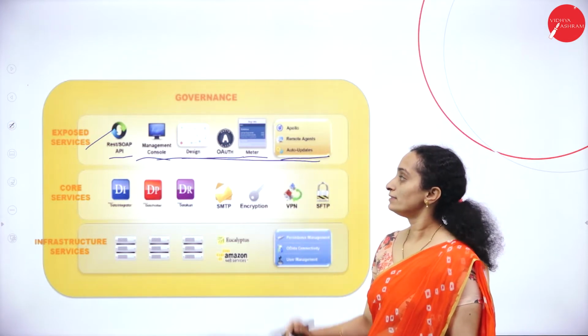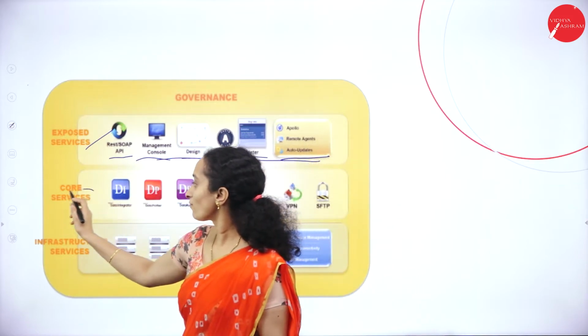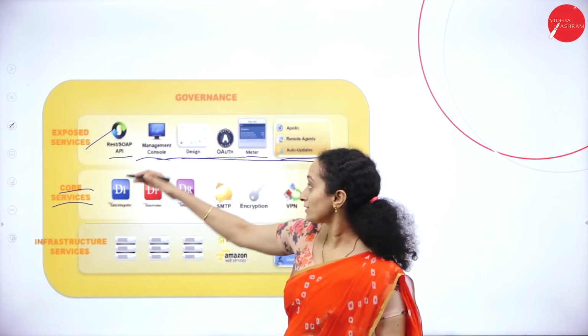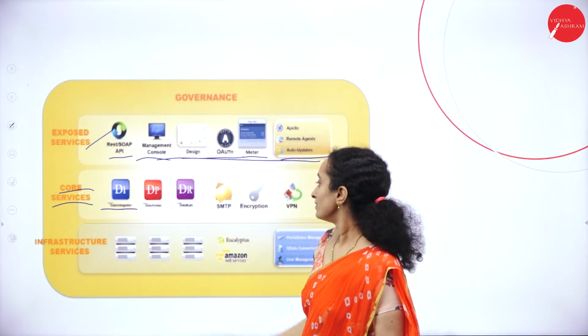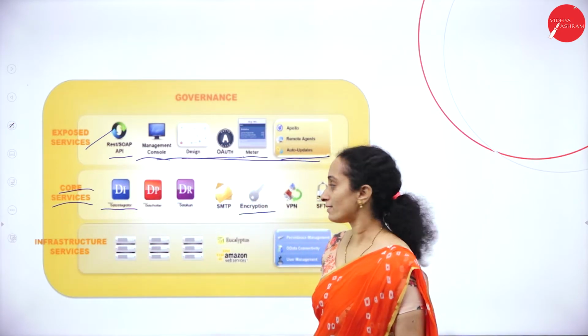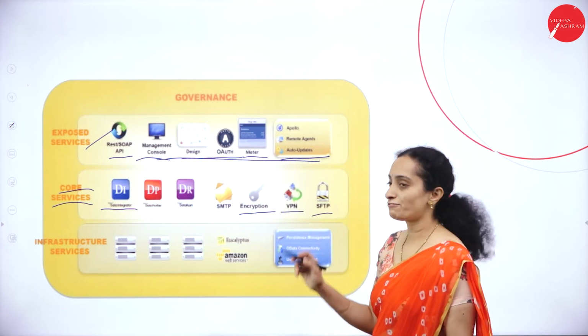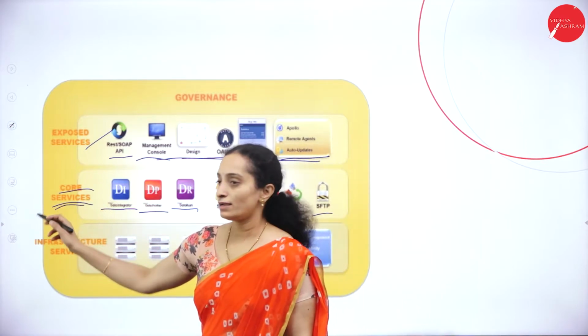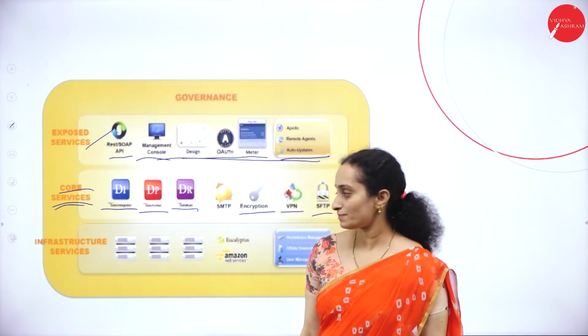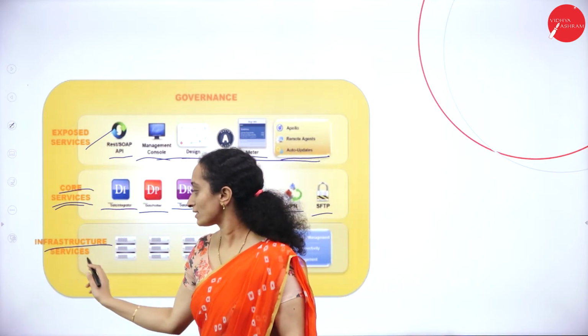You can have these exposed services. Then you can have core services which support these, like encrypting services, VPN, SFTP, creating a network, or any other supporting one. They are called the core services. Next comes the infrastructure services.